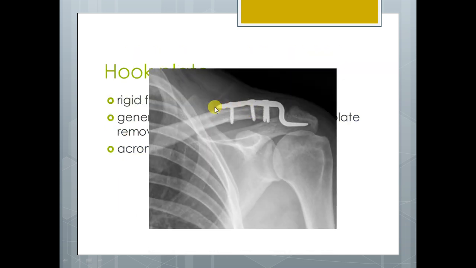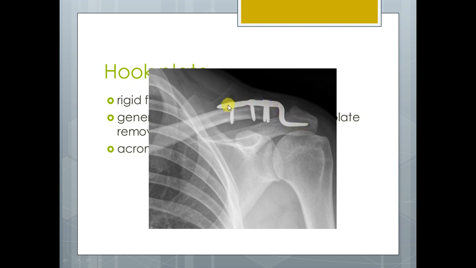Hook plate is very rigid. This is its most important advantage. The problem of CC fixation is a lot of implant failure, a lot of stresses here.